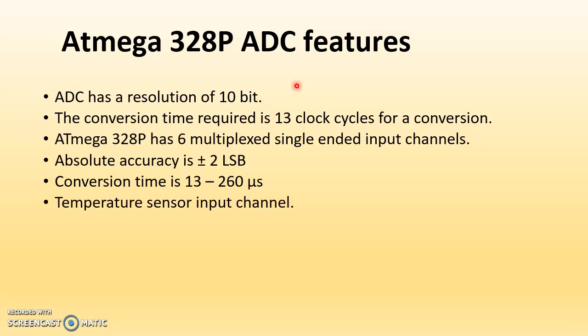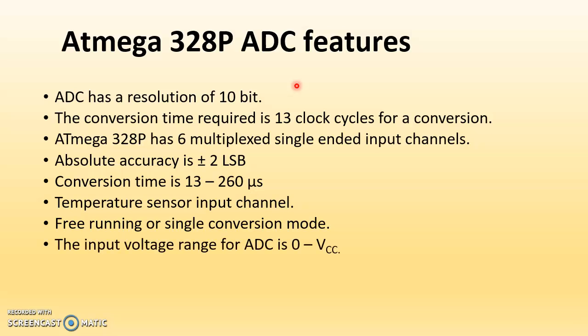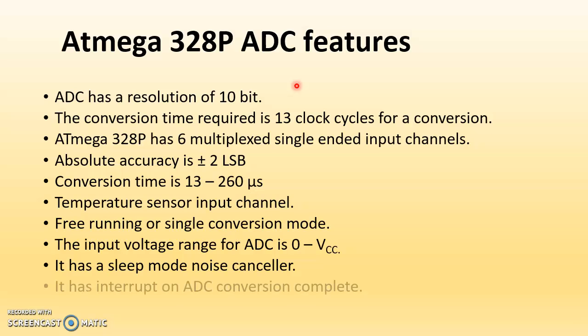A temperature sensor you can connect as an input channel also. Free running or single conversion mode. The voltage range is from 0 to VCC. VCC is the supply voltage to the ATmega 328P, so that is the same for ADC also. So 0 to VCC. And sleep mode noise canceller is available for this ADC. And interrupt on ADC conversion complete is available also.